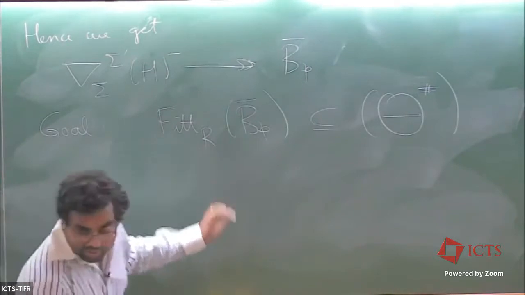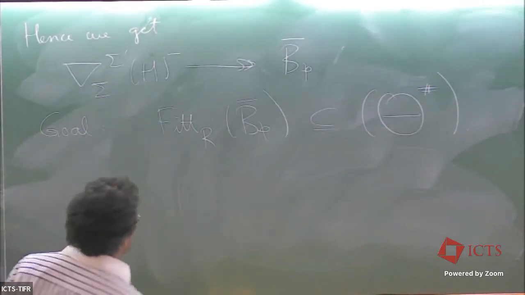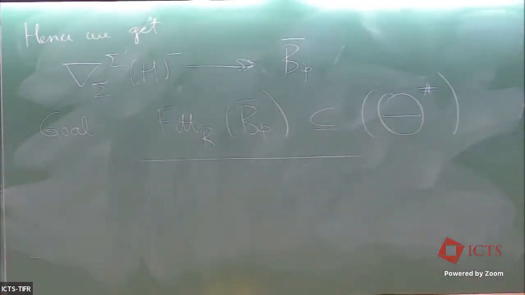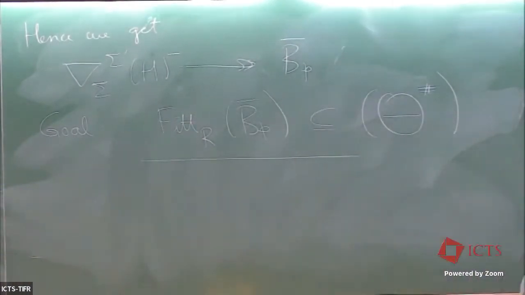Although we have killed the ramification, we haven't made the module too small. That's the part that's remaining now. So we do some fitting ideal computation, and I think this is the most interesting part of whatever we do up to now. We just follow our nose and reach this point.